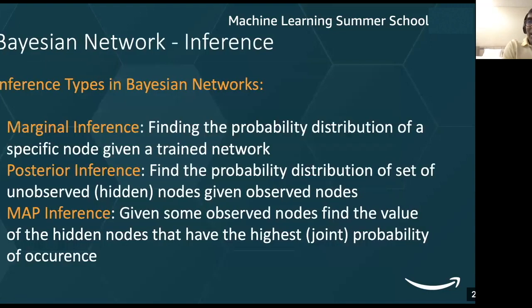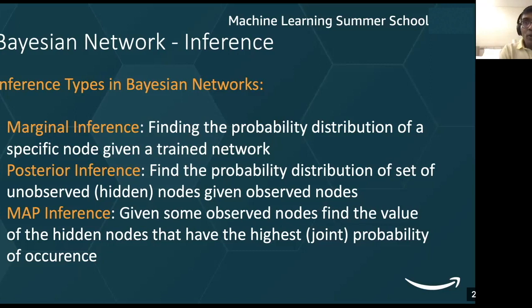Okay. So the idea behind training a Bayesian network is to be able to ask questions of this network and arrive at suitable answers that could either be point estimates or probability distributions. Essentially, there are three main types of inference. Marginal inference involves finding the probability distribution of a given node in a trained network.